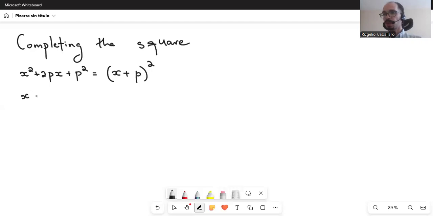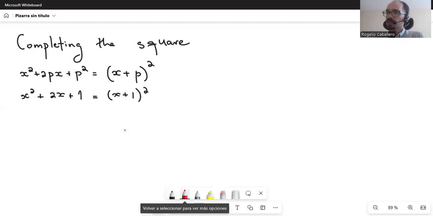A particular example of a PST could be this one: x squared plus 2x plus 1, whose factorization is (x plus 1) squared. A quick comment: what is the advantage of the factored expression (x plus 1) squared over the original trinomial?